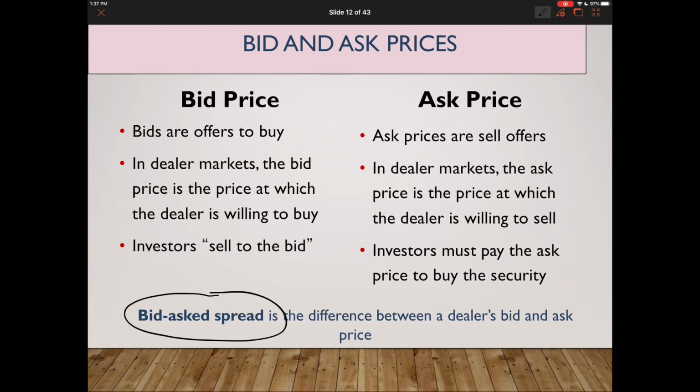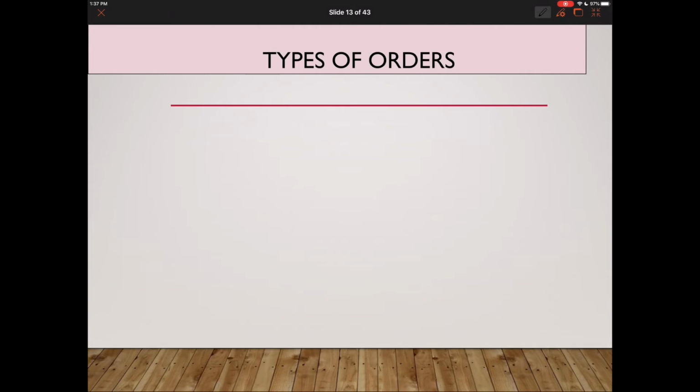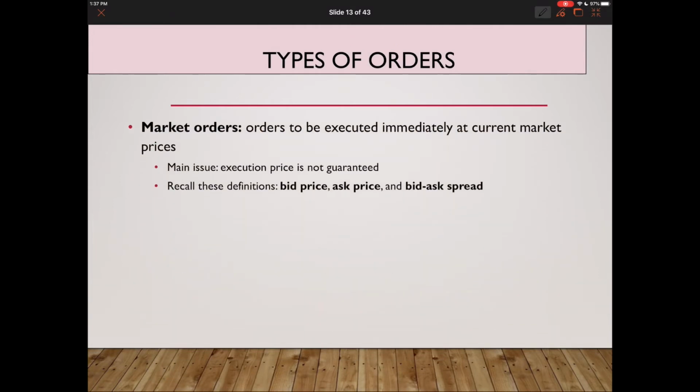So continuing on now with types of orders, the first type of order is what is called a market order. A market order is an order that is to be executed immediately, at whatever the current market price is, so your bid and your ask prices. The main issue is that your execution price is not guaranteed. Let's say the ask price is $1.15 times 100.